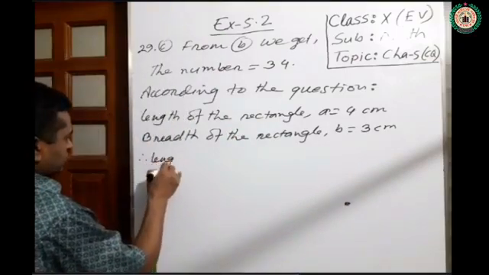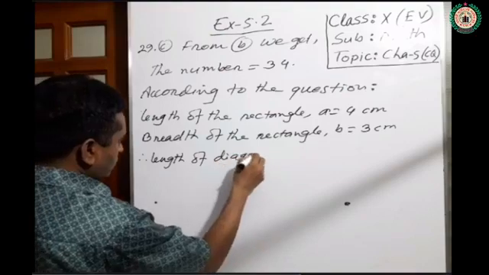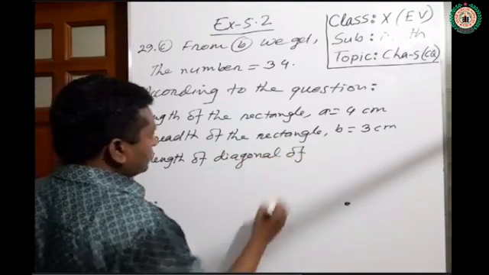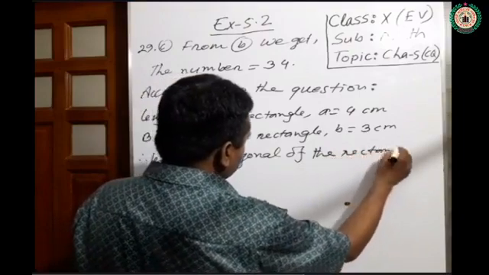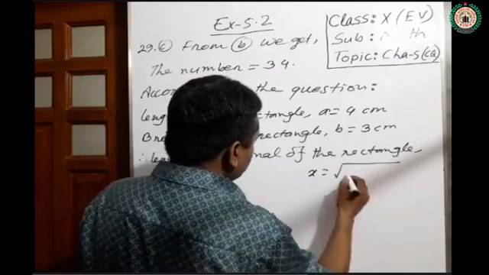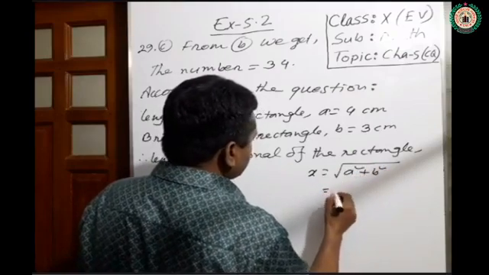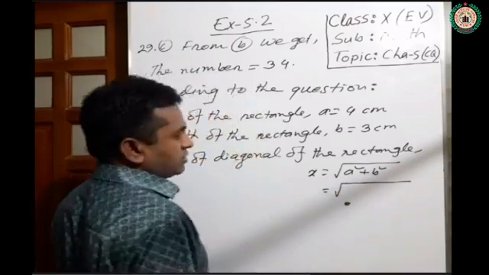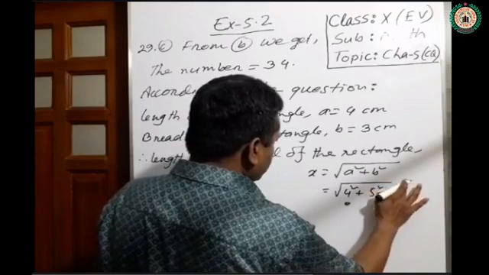Therefore, length of diagonal of the rectangle, x equal to root over a square plus b square equal to root over 4 square plus 5 square.